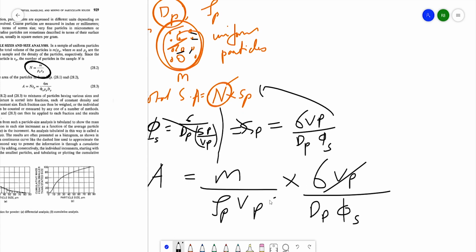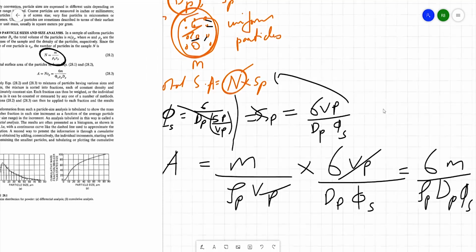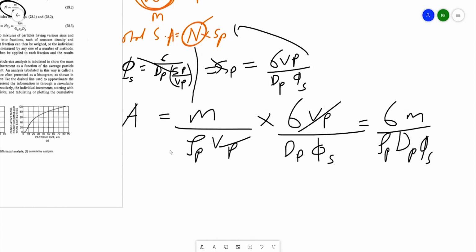So Vp cancels out, and you will get 6M by rho p dp phi s. So we have got the formula for total surface area. The unit in SI will be meter square, because this is the total area of that sample, which has a uniform distribution of particles, all particles having the same diameter.